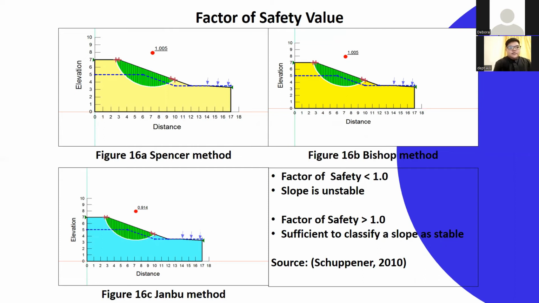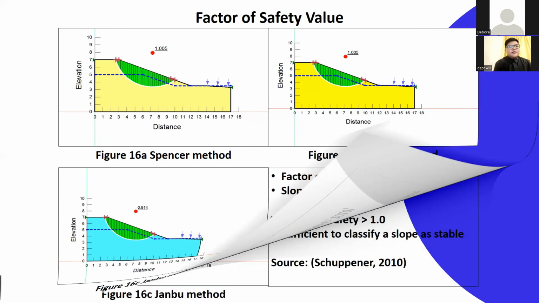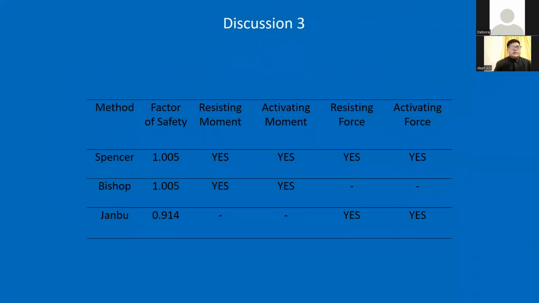Now, based on Schuppner 2010, for a factor of safety less than 1.0, the slope is categorized as unstable. However, a factor of safety bigger than 1.0 is sufficient to classify a slope as stable. Now, here is why we obtain 0.914 for the Janbu method.